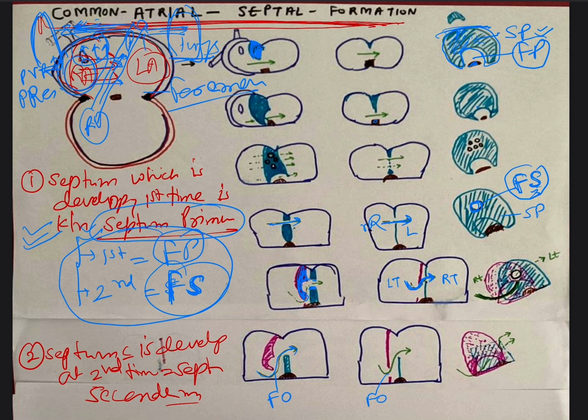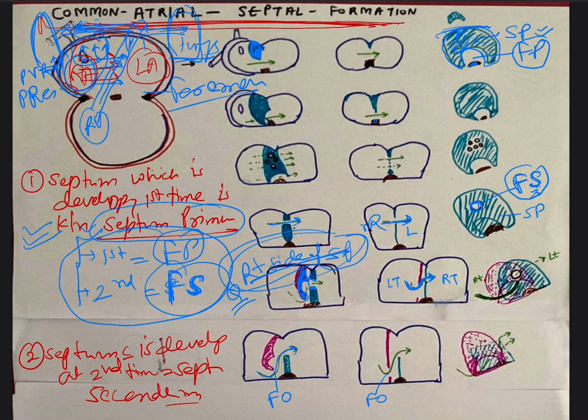This is very important: the right side of septum primum. This question is usually asked. From where does septum secundum develop? This septum secundum develops at the right side of septum primum, and it starts growing downward from the roof of the atrial chamber to the right of septum primum.